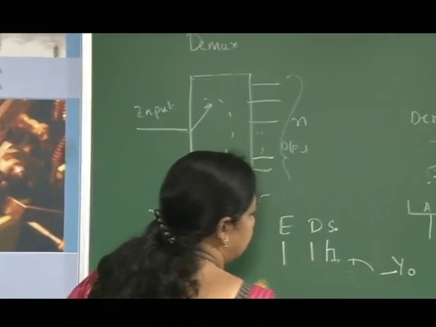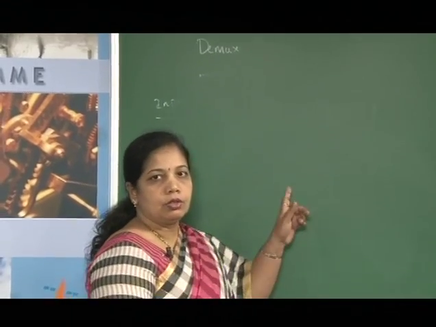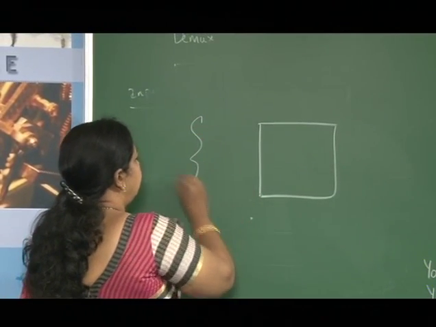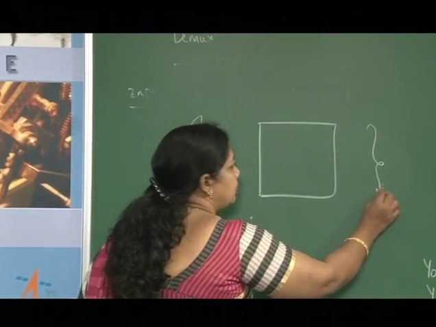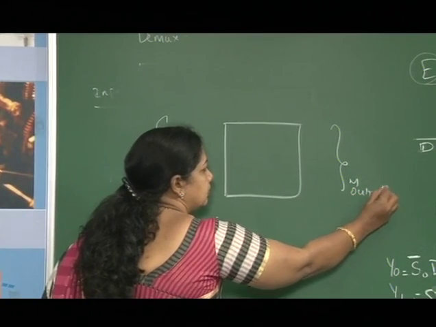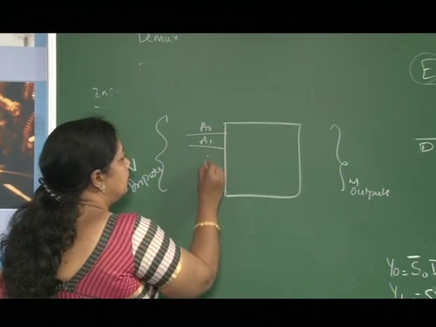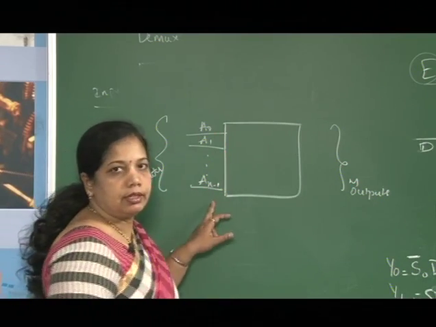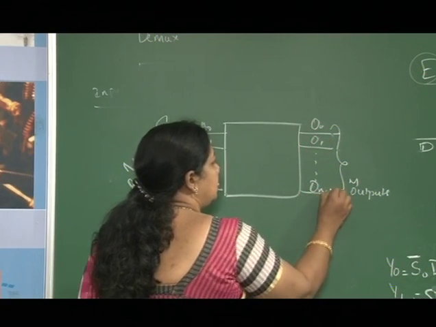So we will discuss the decoders. In the decoder, as I said, we will have n inputs and we have m outputs. Let me designate the inputs as A0 till A n minus 1, and the outputs as O0, O1, up to O m minus 1.